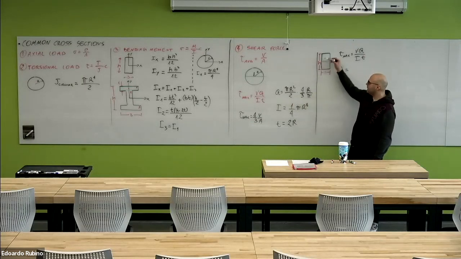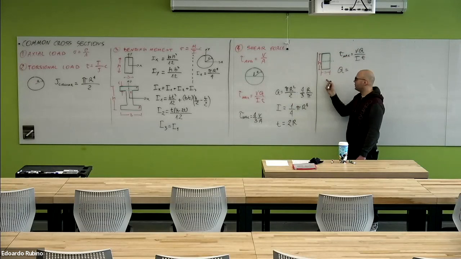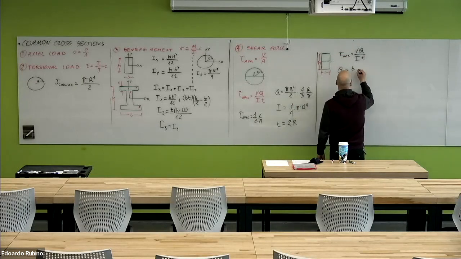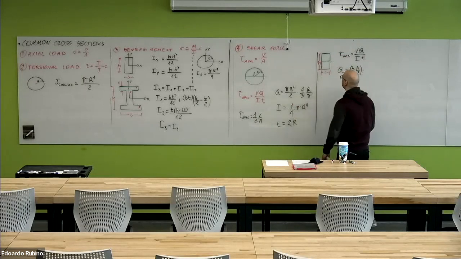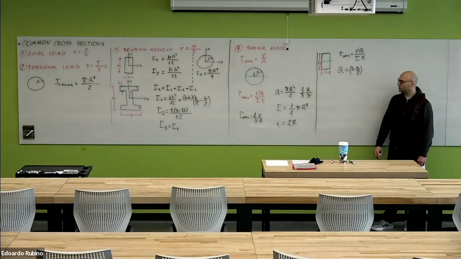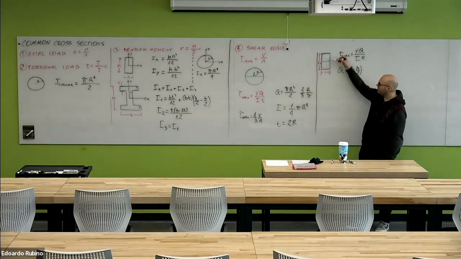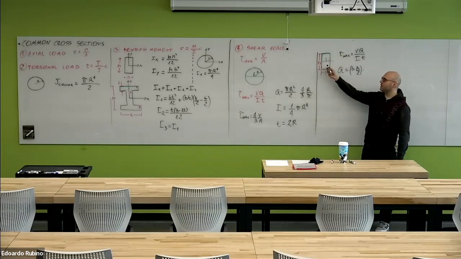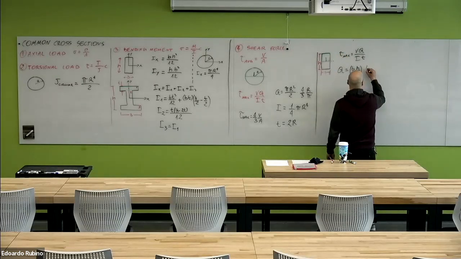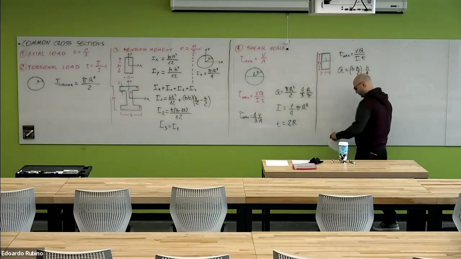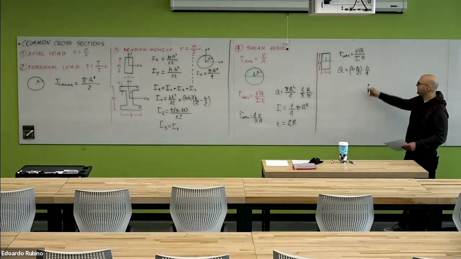The first quantity is the area of this portion, which in this case would be b times h/2. And then the second term is the distance between the neutral axis and the center of this portion. So here our distance will be h/4. And this is the static moment.